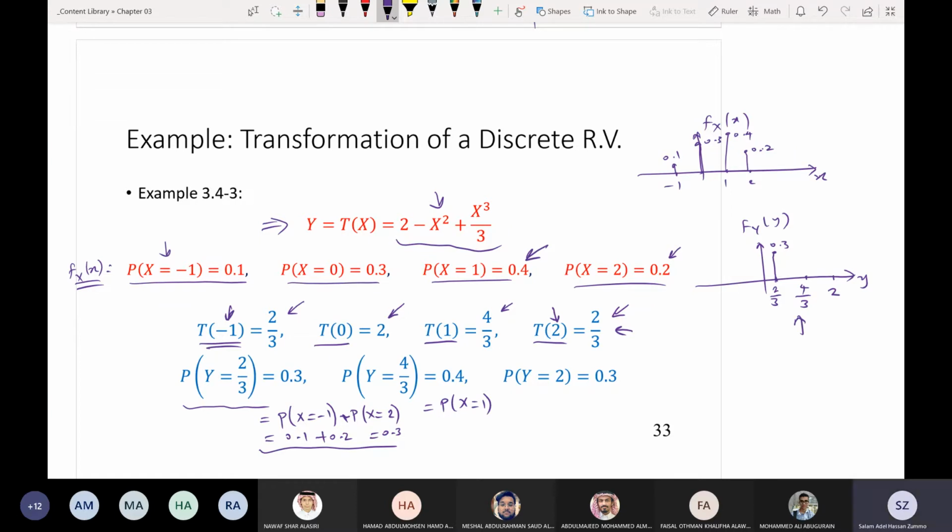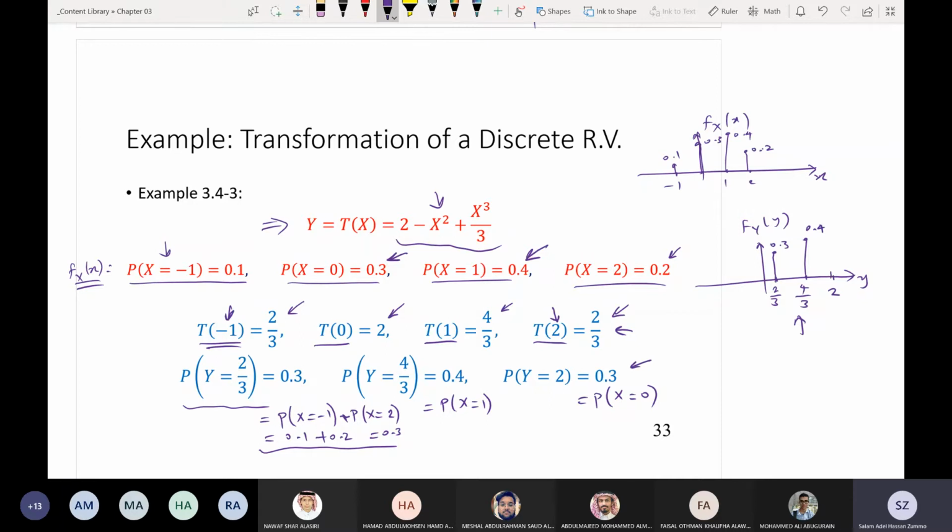And the last thing is the probability that y equals 2. Y equals 2 corresponds to x equals 0, and the probability that x equals 0 is 0.3.